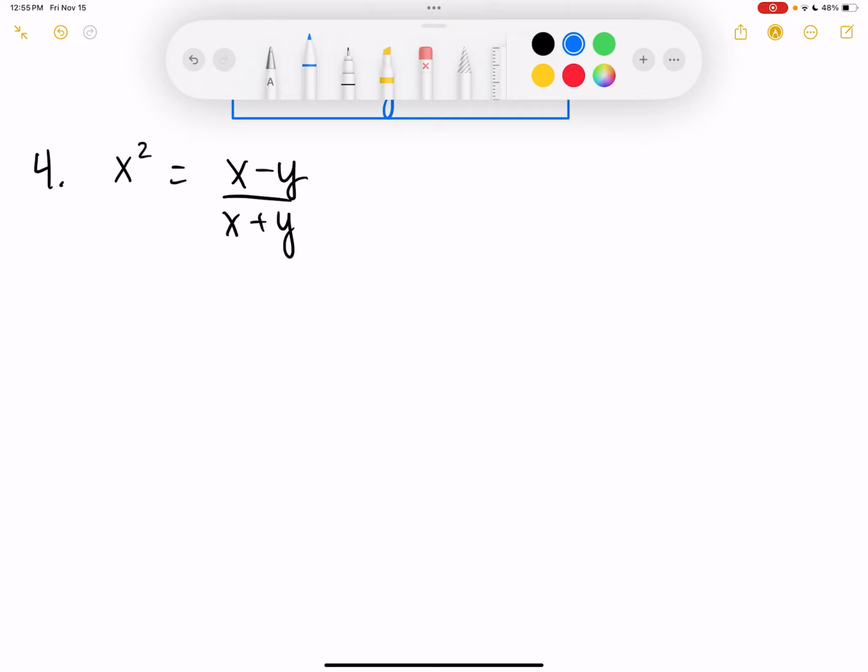So basically, your clue to know when you need to do implicit differentiation is when you don't have a y completely by itself, and you have them throughout the problem. So the derivative of x squared is 2x equals, I now have a quotient rule on this side.